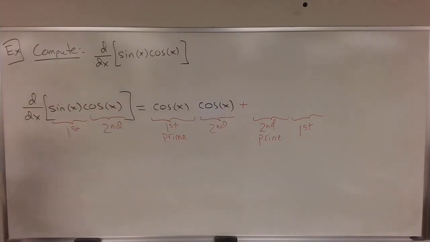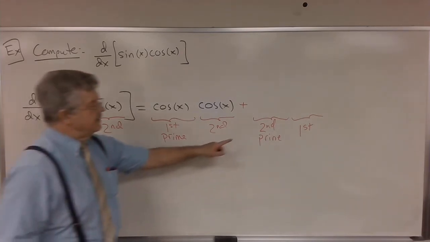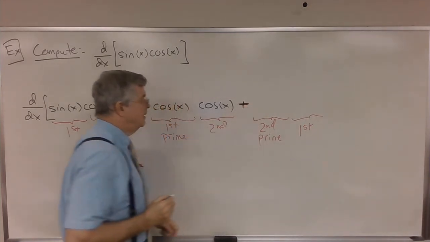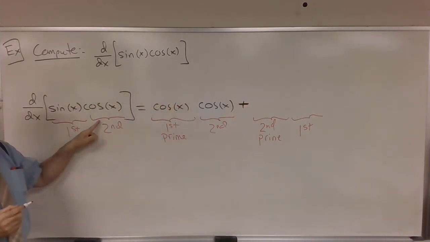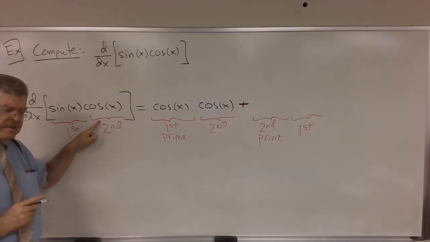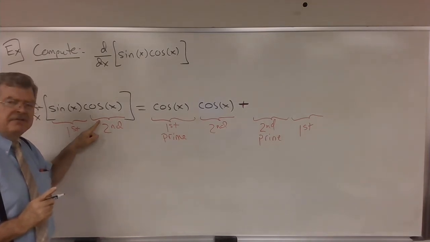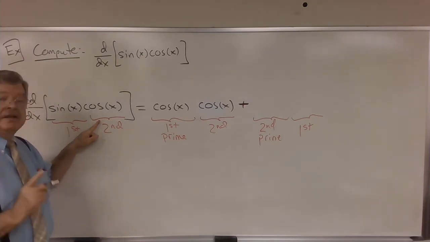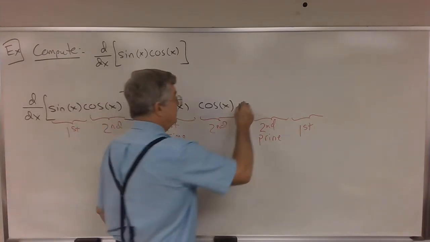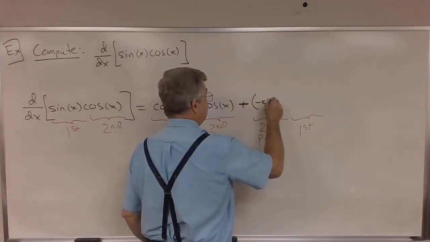And then we have second prime. So the derivative of the second function, what's the derivative of cosine of x? Do we have that memorized yet? It's negative sine of x, isn't it? So negative sine of x goes here.